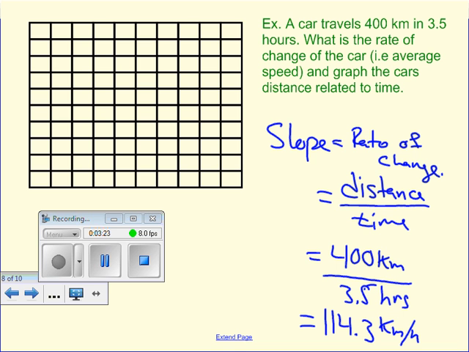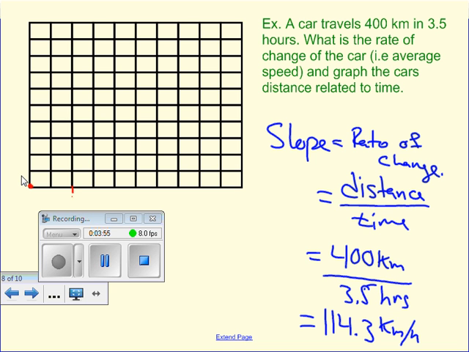Now I can take this and I can graph it down here. So if I start right at 0, 0, because if I haven't traveled anywhere, there's no time, so I'm going to start at 0, 0. And my next point will be pretty much at 114.3. Actually, I have that reversed. Excuse me.